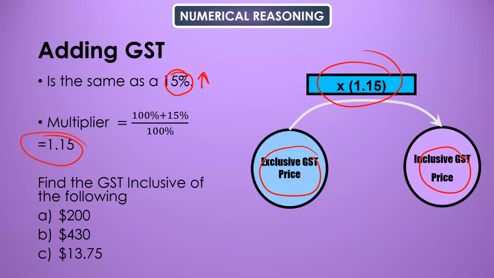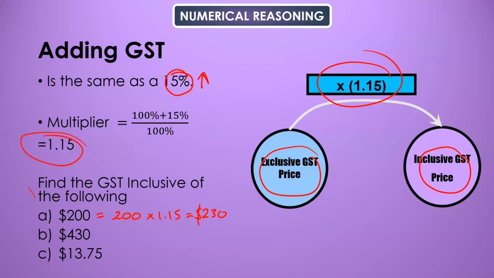So looking at our questions down the bottom, find the GST inclusive price of the following. So $200 is simply going to be 200 times 1.15, which gives us $230. So the $230 would be what you would pay in the store.